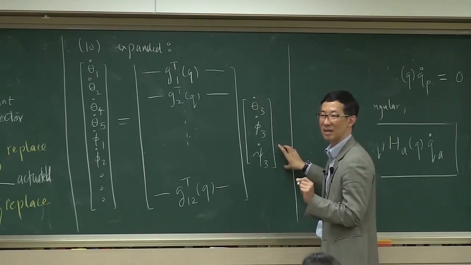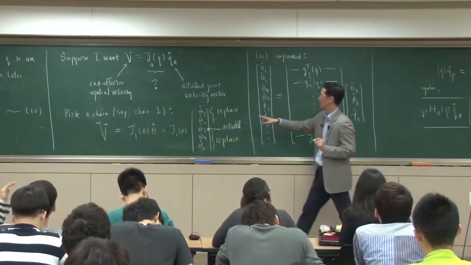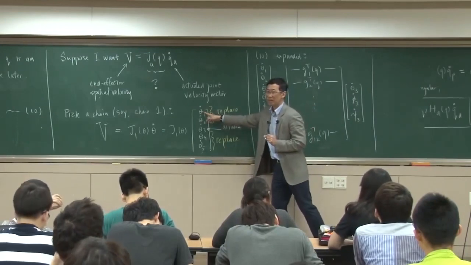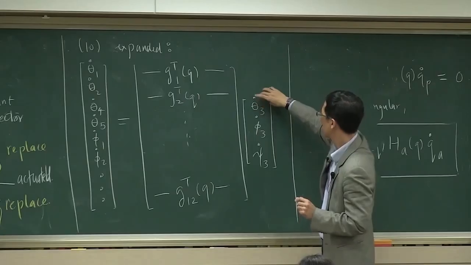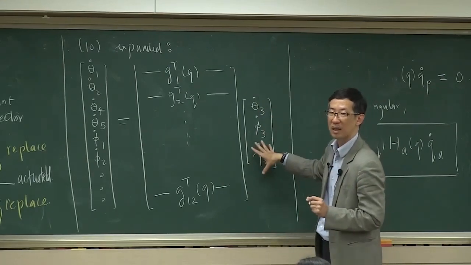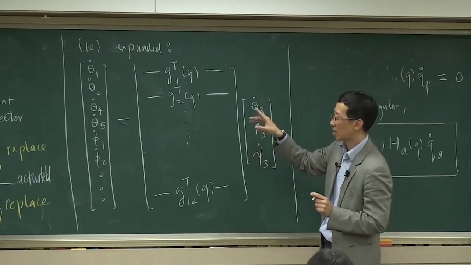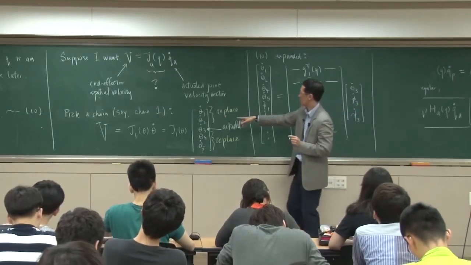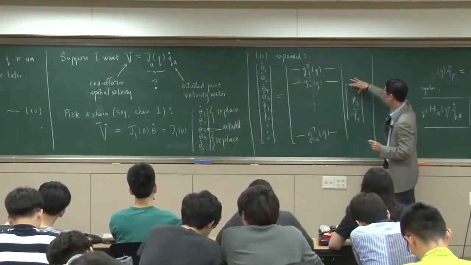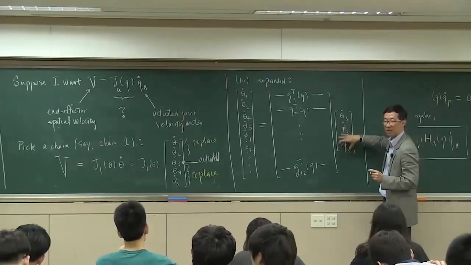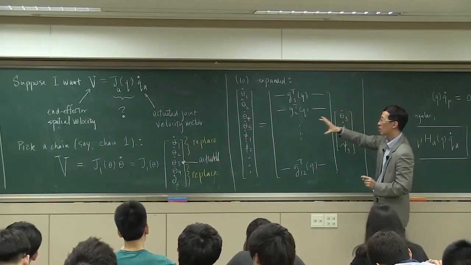Aha. So now I can replace this vector theta 1 dot by G1 transpose times this vector QA dot. I can also do the same for theta 2 dot. Theta 2 dot is G2 transpose times this vector of actuated joints. So make all the replacements there.